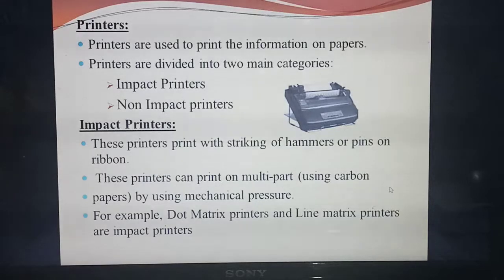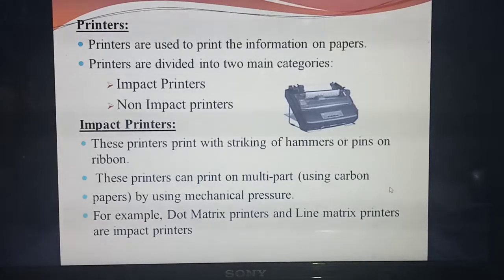Inside this printer there is a hammer or pin-like portion. These hammers or pins are attached to a ribbon. Understood the first point?